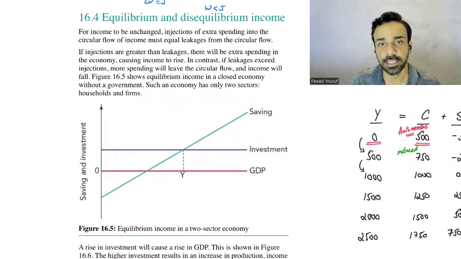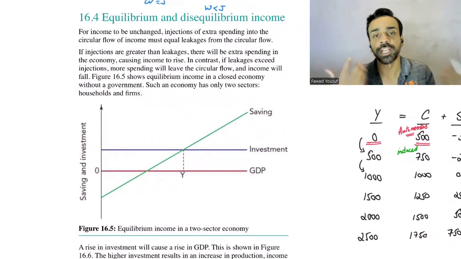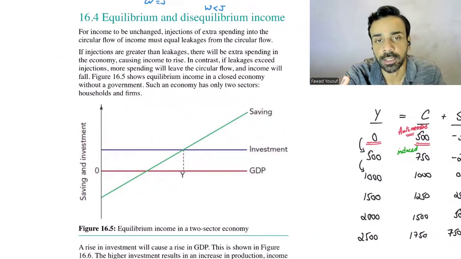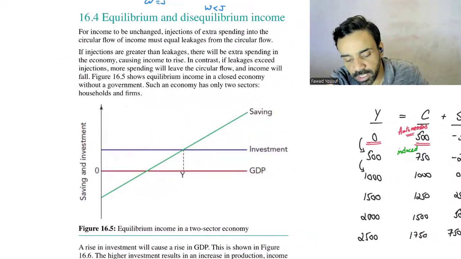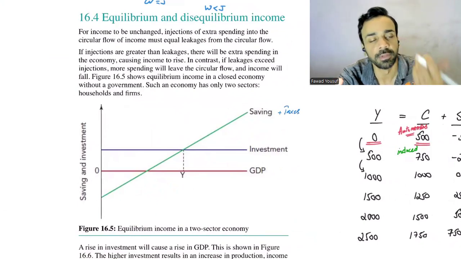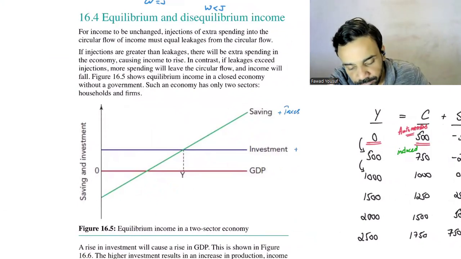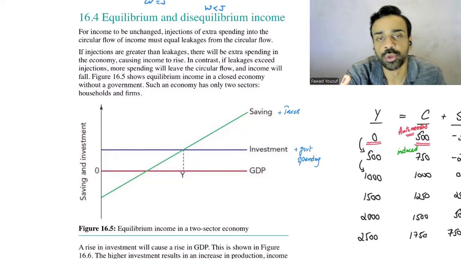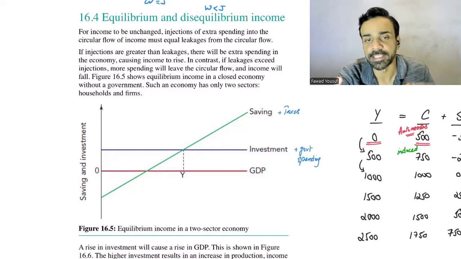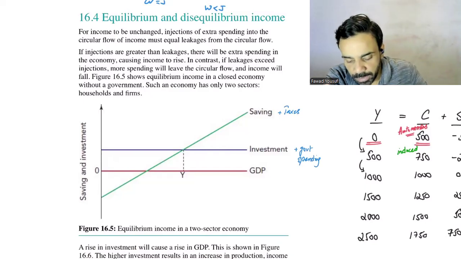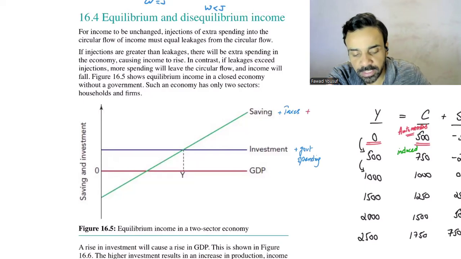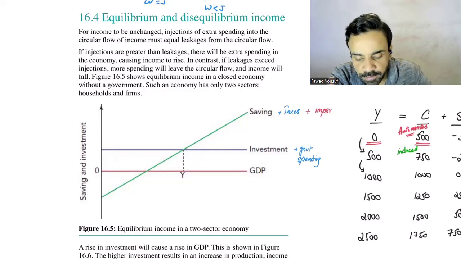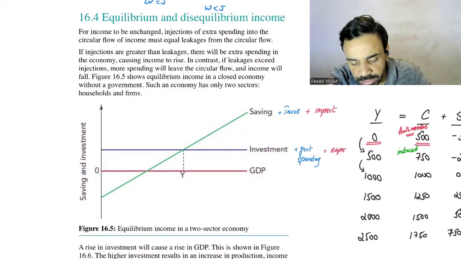ये obviously two sector का है. That's why I am only writing savings and investment. अगर ये three sector होती, closed होती, तो फिर हम क्या करते? सेविंग्स के साथ हम इंट्रोड्यूस कर देते टैक्सेस को, because taxes are also withdrawals: higher the income, greater the taxes. And इंजेक्शंस में हम गवर्नमेंट स्पेंडिंग को इंट्रोड्यूस कर देते. ये हो गया क्लोज्ड इकोनॉमी, like we were writing in our essays. ओके, फिर उसके बाद जब हम इस इकोनॉमी को ओपन कर देते हैं, तो इंपोर्ट is a withdrawal and export is an injection.